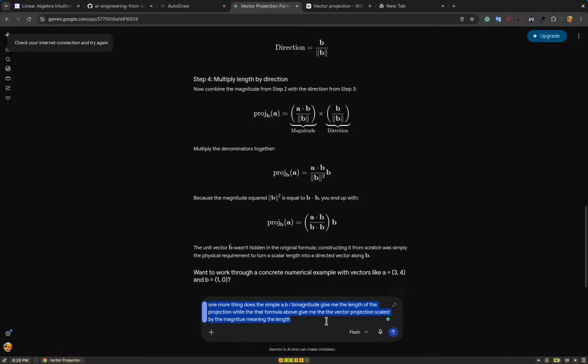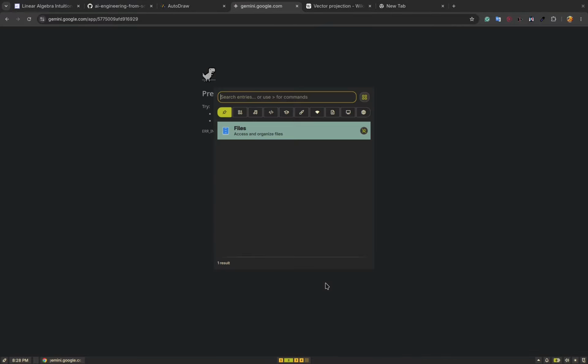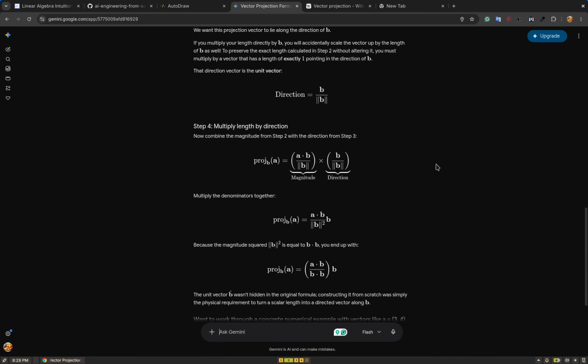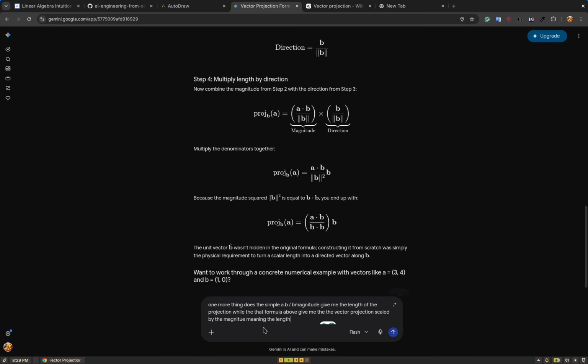Oh, my internet has gone bad for some reason. Oh no, oh no. Okay, I am starting to understand that. So if I do that, it basically gives me only the direction or only the length.